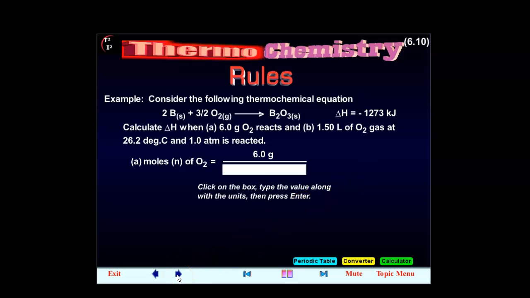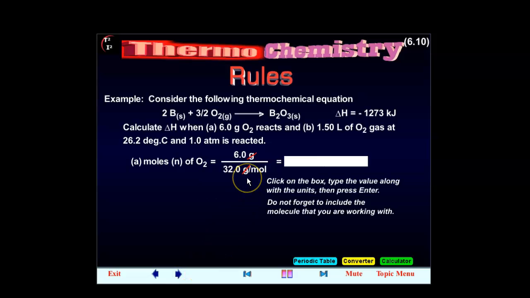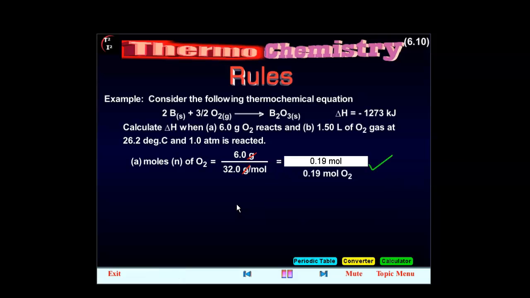What is the molar mass of oxygen? 32. So when you divide 6 by 32, you get 0.19 moles O2.